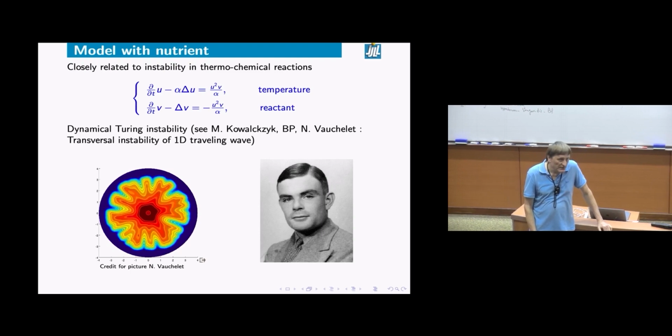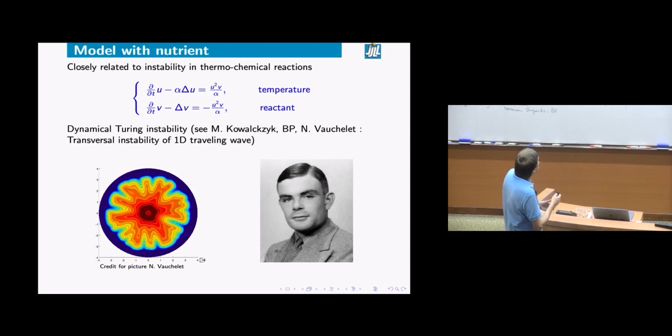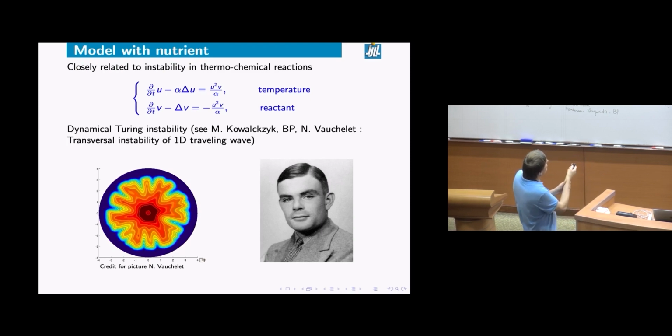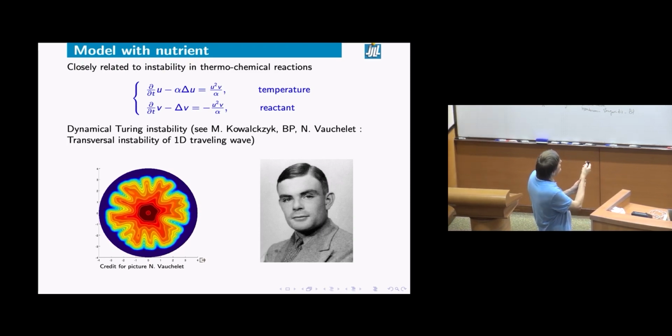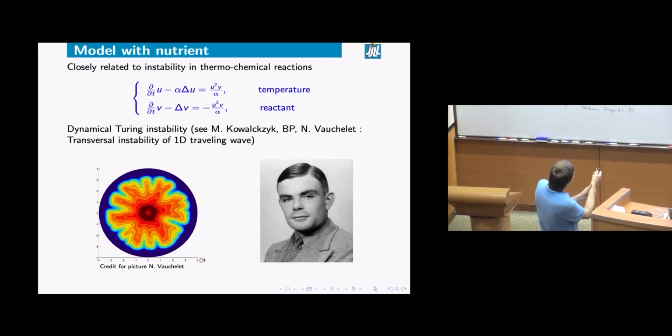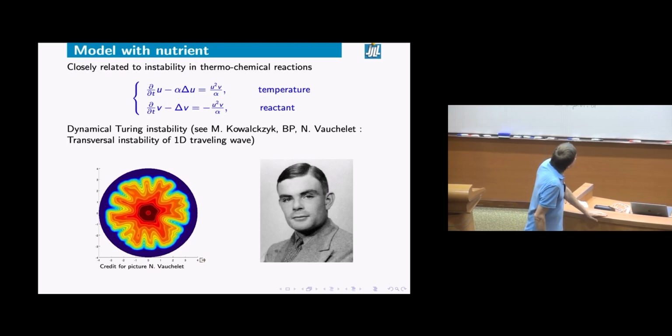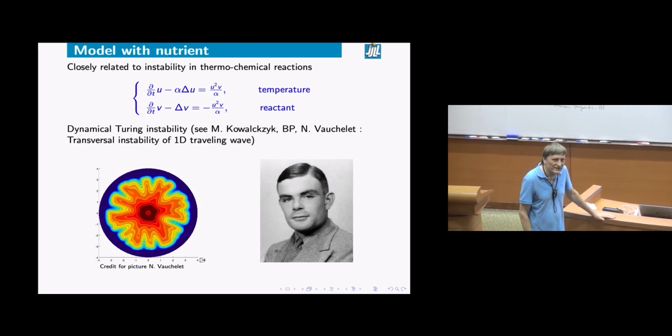In chemistry, it is very well known that you have this kind of instability for the same reason: if you have a temperature which is increasing with a chemical reaction and a chemical product which is consumed by the reactant, and if alpha is small, then this creates instability. This is the difficult case that Lenya was mentioning.